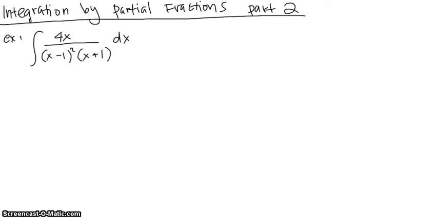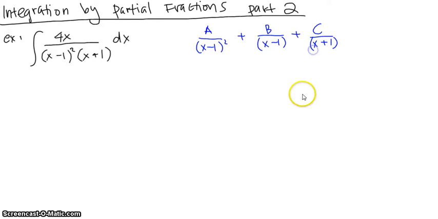The proper decomposition is going to be you have an a, you definitely have your x minus 1 squared. But embedded in that, you have an x minus 1 also. Let's take a look at what happens here. So now, what is the common denominator of all three of these? Well, this one has x minus 1 times x minus 1, so all that one's lacking is your x plus 1.